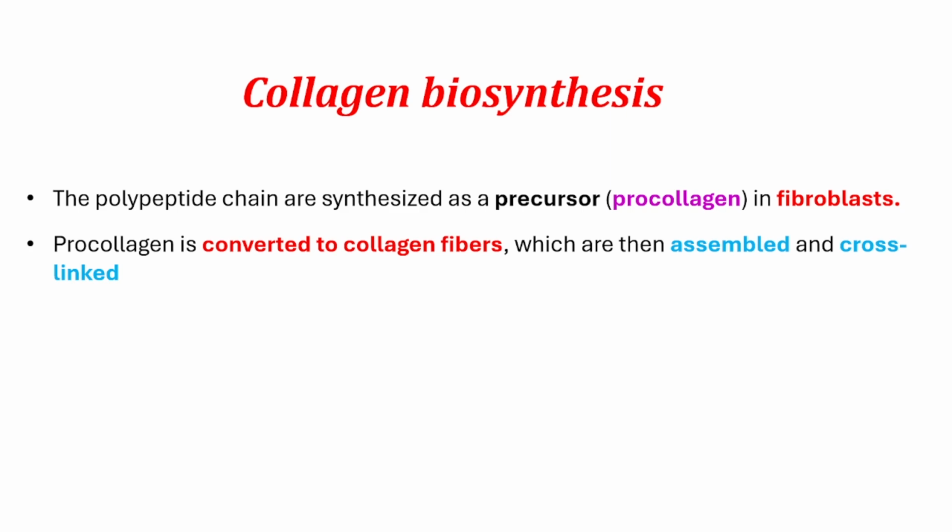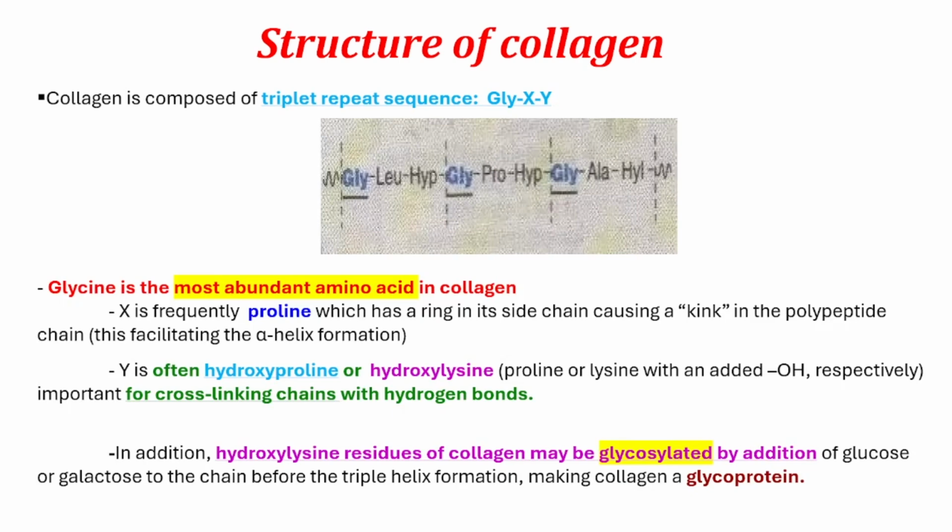All right. In terms of the primary structure of your collagen, it is composed of a triplet. As you can see here, this is my sequence of amino acids. Okay. So you see here, every time I have a glycine, glycine, glycine.